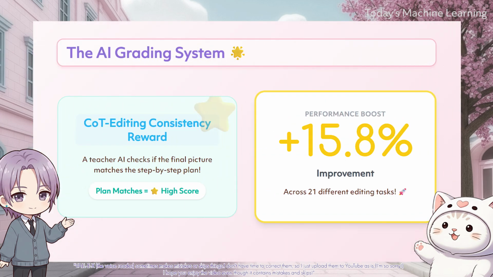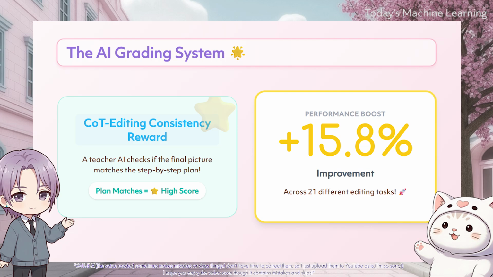There's one more super clever trick in this paper. Remember how I said the AI sometimes thinks correctly, but still messes up the drawing? To fix this, the researchers added something called the Meta-task consistency reward. This is basically a grading system. Another AI acts like a teacher and checks if the final picture actually matches the step-by-step plan. If a picture matches the plan, the AI gets a high score and a big gold star.